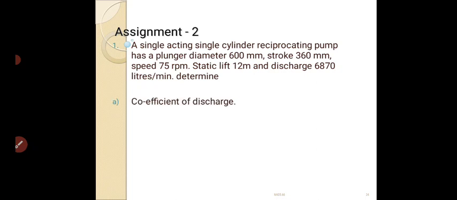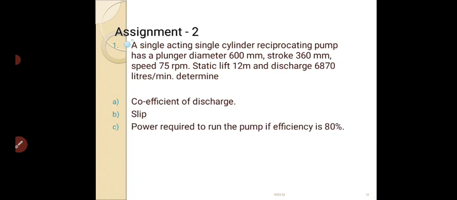Determine (A) coefficient of discharge, (B) slip, and (C) power required to run the pump if efficiency is 80%. Okay, we will solve it.